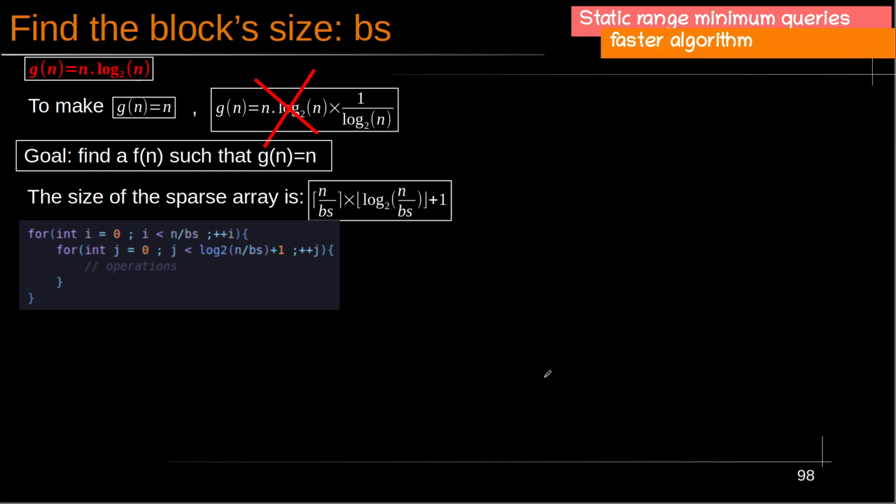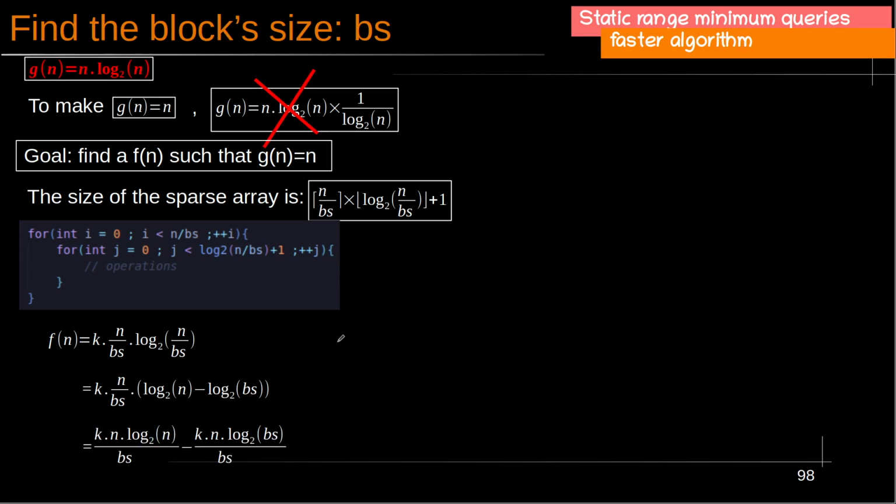So k times n over bs times (log base 2 of n minus log base 2 of bs). This leads us to the expression kn log 2n over bs minus k times n times log base 2 of bs over bs.